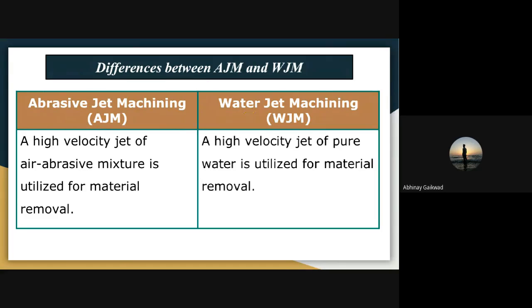In case of water jet machining, a high velocity jet of pure water. Here we have used pure water. Okay, to make the pure water we are using a filter and dryer, and that high velocity pure water is utilized for material removal.